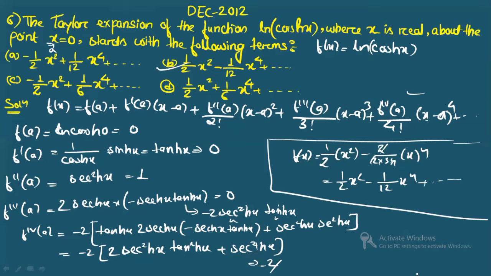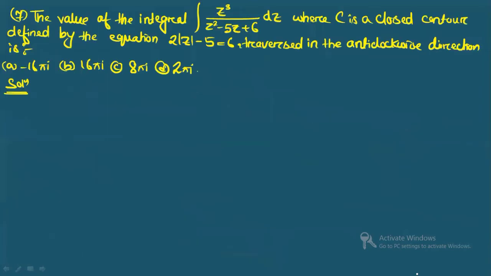All right, next let's see question number 7. You will have to find the value of the integral of z cube by z square minus 5z plus 6 dz, where c is a closed contour defined by the equation 2 mod z minus 5 equals 0, travelled in the anti-clockwise direction.